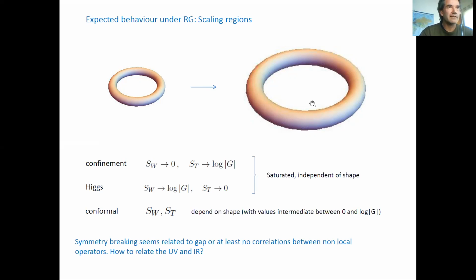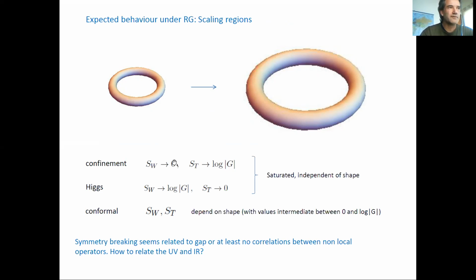And if you think in this situation, then the terminology of what you expect is much simpler, because what you expect is that, for example, in the confinement or Higgs phase, one of the order parameters goes to 0. For example, if you have an area law, it will go to 0, and the complementary one will go to the maximal possible value.